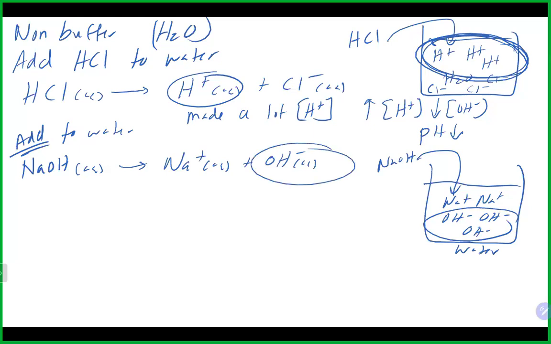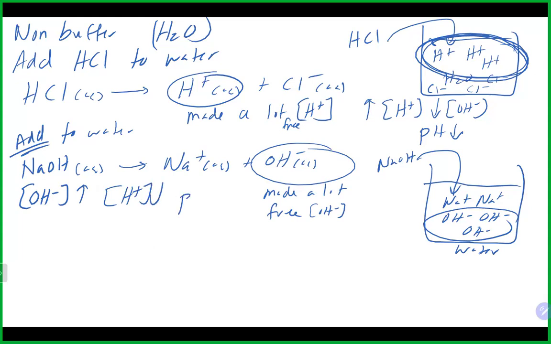So what we just did in this situation is we just made a lot of free OH minus, right? And because of that, the concentration of OH minus goes up, concentration of H plus goes down, and the pH goes up, right? A lot more OH minus than there was before.